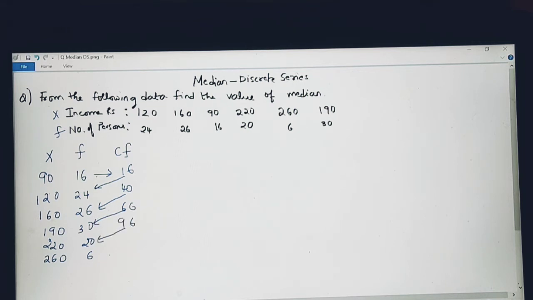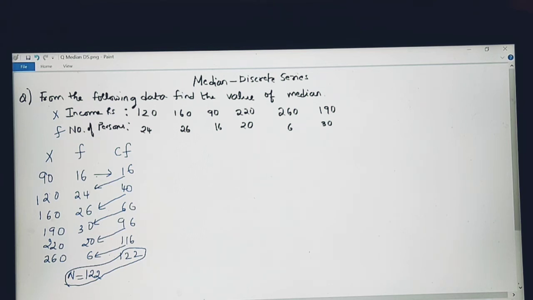Then 96 plus 20 I have 116. Then 116 plus 6 I have 122. Now let me calculate the total of n. The total will be 122. So I have the matching figure for both of these values, which means my cumulative frequency calculation is correct.